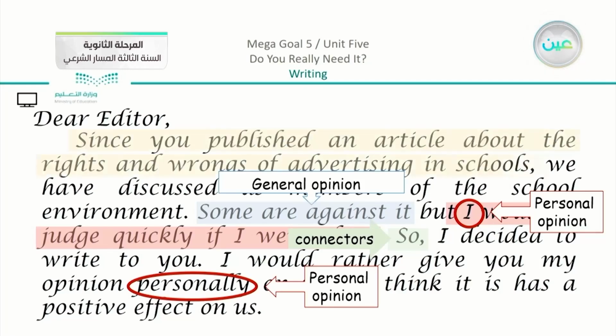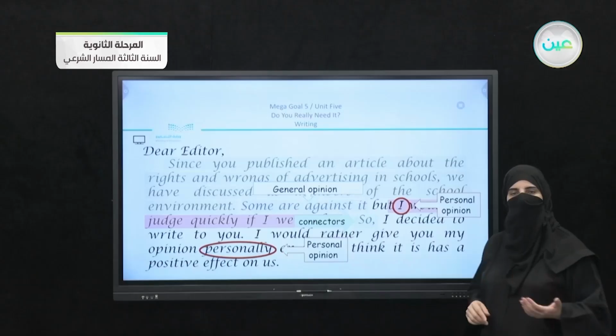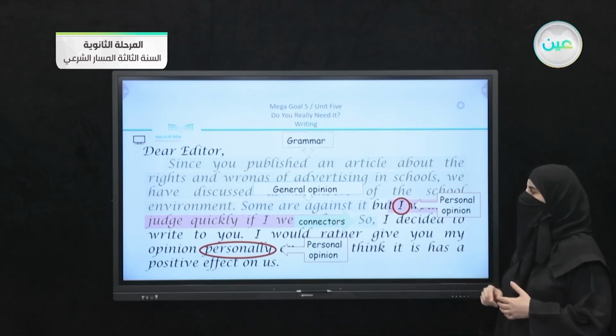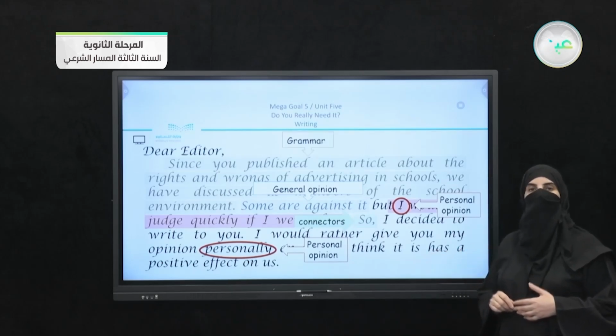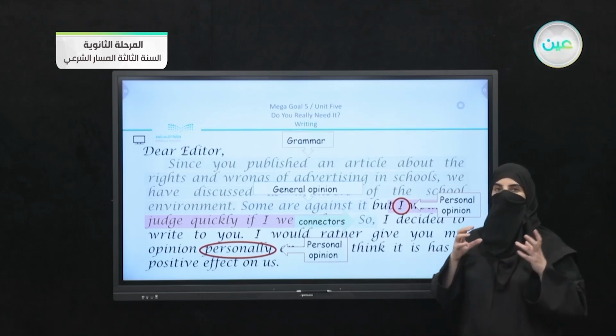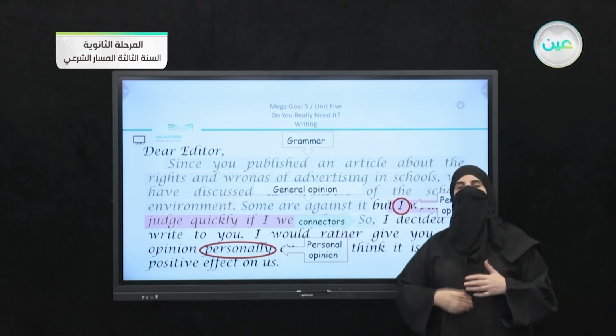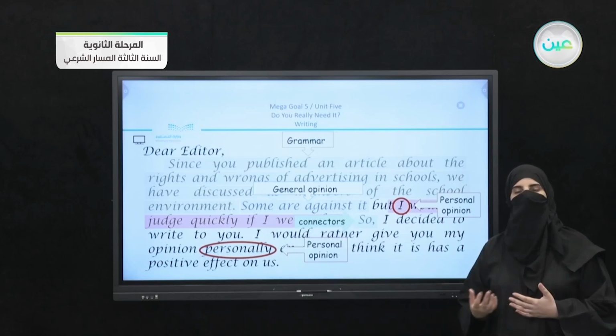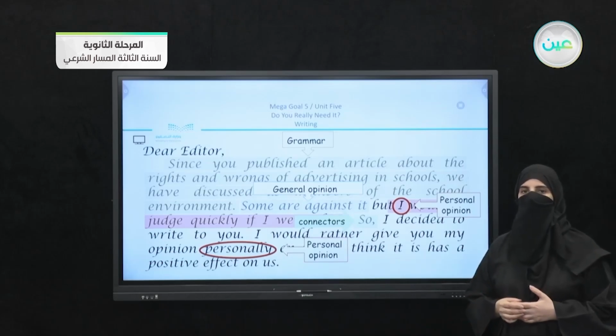And we do have, since you published an article about the rights and wrongs of advertising in schools, we have discussed. You can see that even here in this essay, I am using grammar. Now, this is a very useful way to apply your grammar lessons and even the vocabulary, and you can just practice everything that you have learned.